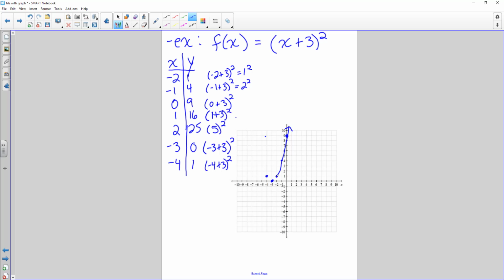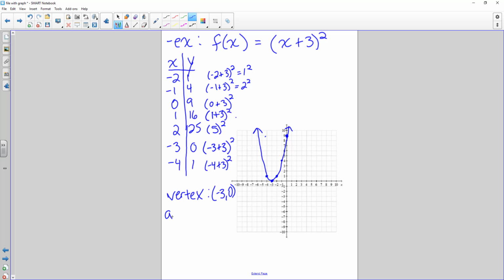We could do a few more points, but I'm just going to sketch in approximately what our parabola should look like. So in this case, the vertex is negative 3, 0.